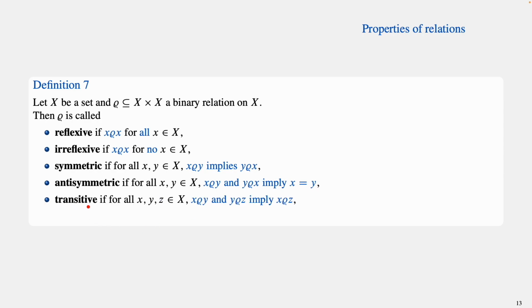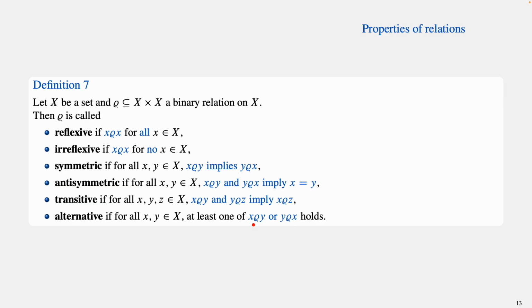We say a relation is transitive if for any three elements X, Y, Z in our set big X, if we have X being related to Y and Y being related to Z, then we also must have X being related to Z. And the last property in this list is that we call rho alternative if for all elements X, Y in our set, at least one of X rho Y or Y rho X holds.